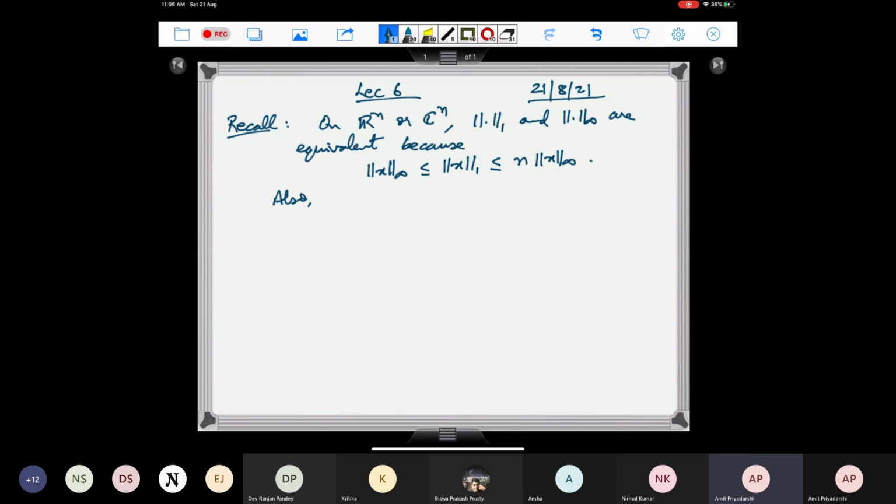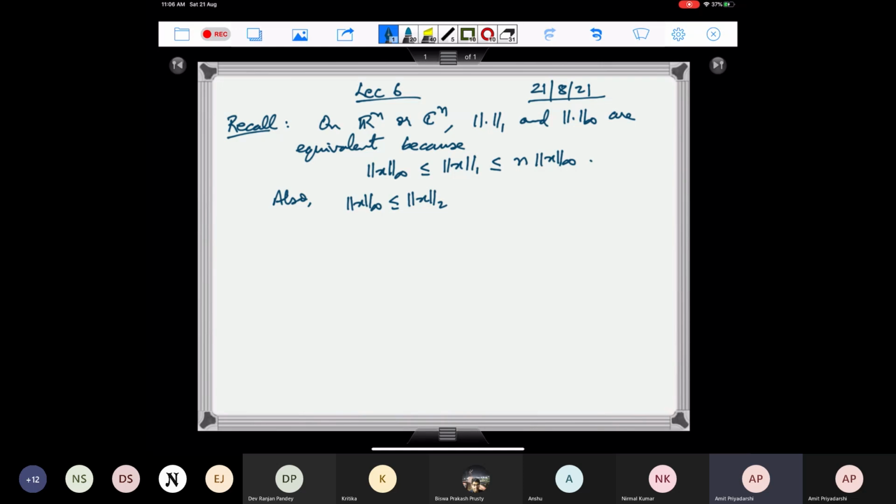Also, if you consider the two norm and infinity norm, then the two norm is again bigger than or equal to the infinity norm, because the two norm is the summation of mod xi square. That is clearly bigger than or equal to the maximum of mod xi squared, and then you take the square root to get the two norm.